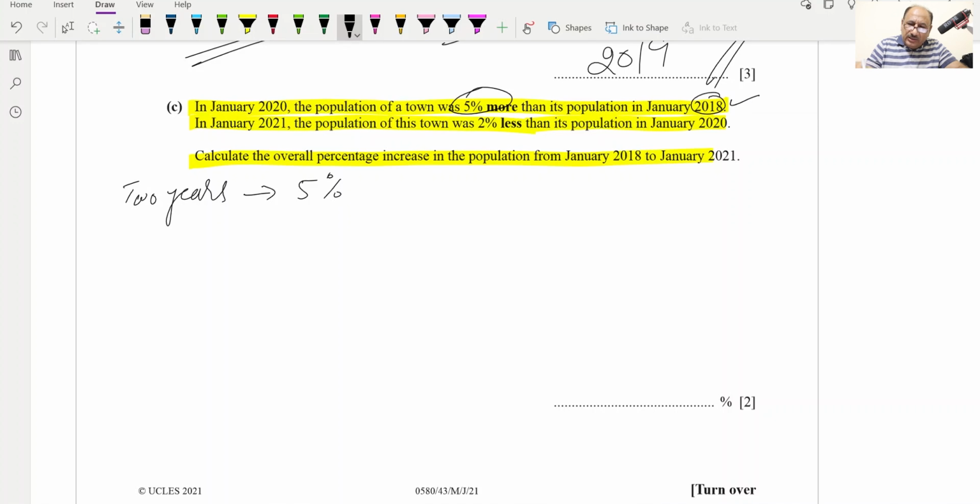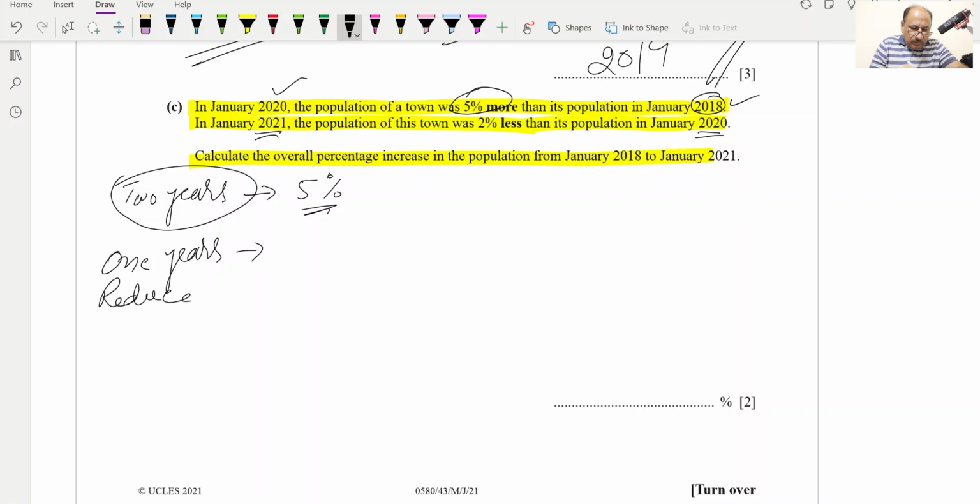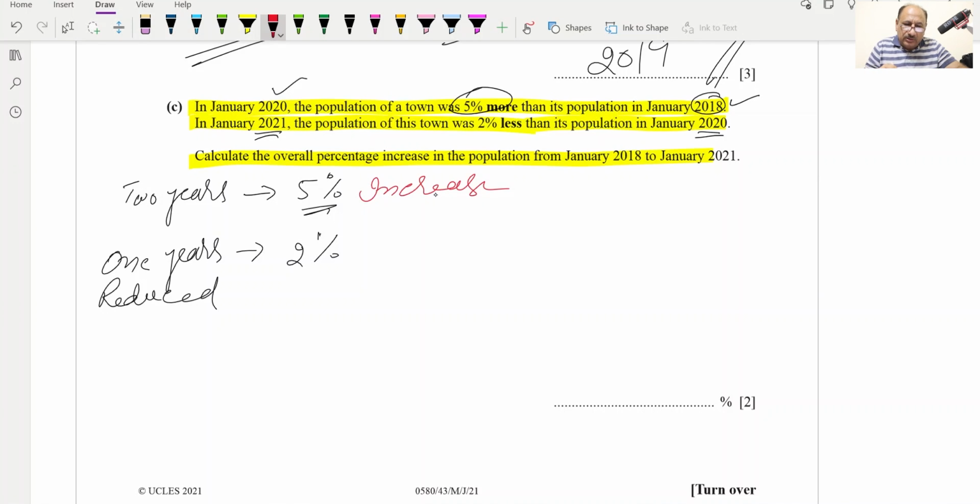So from 18 to 20, in 2 years population increased by 5%, and from 2020 to 2021, that is 1 year, 1 year is reduced by 2%. And this one, in 2 years, is an increase, so we can show here increase.